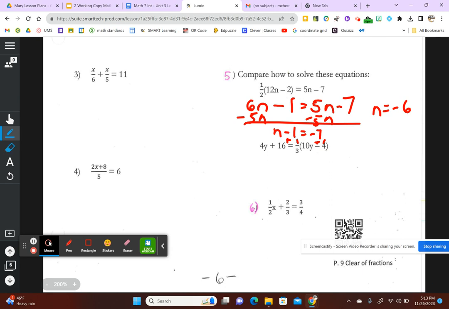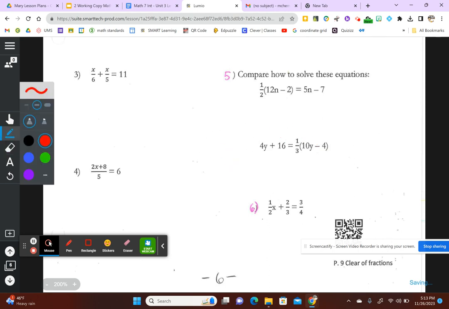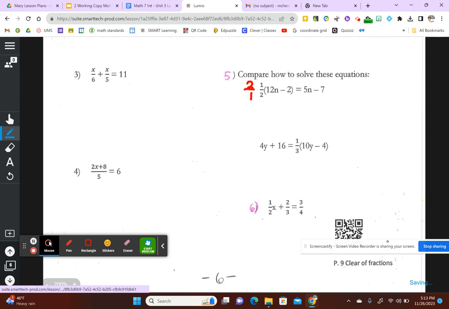Okay? Now, another way I could have solved this is I could have said, okay, I'm going to multiply this side by 2 and this side by 2. I only multiply the fraction, and that goes away. 12n minus 2 equals 10n minus 14.